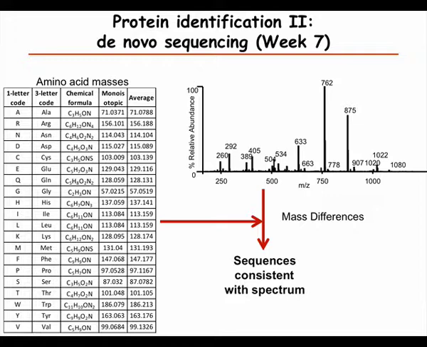We don't have fragmentation between each pair of amino acids, and then we won't be able to get the full sequence completely determined. But you can work with this a little bit. Often people try to avoid it because it's much more time consuming than database searching, but sometimes it's unavoidable.